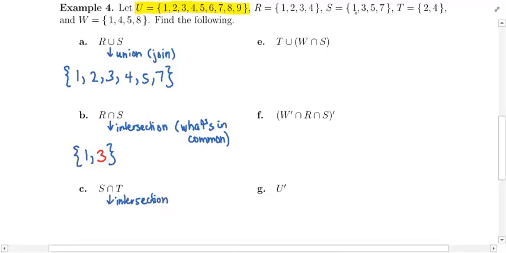S has a 1 and T does not. S has a 3, T does not. S has a 5, T does not. S has a 7 and T does not. On the flip side, T has a 2, S does not. T has a 4, S does not.